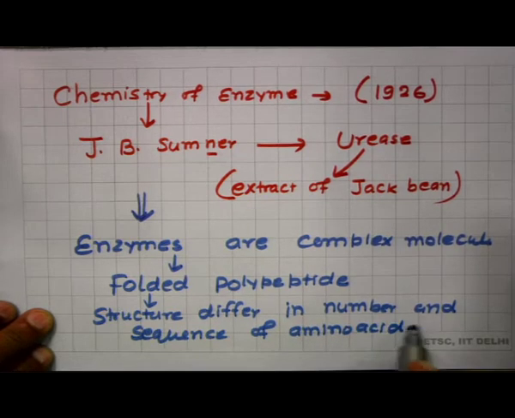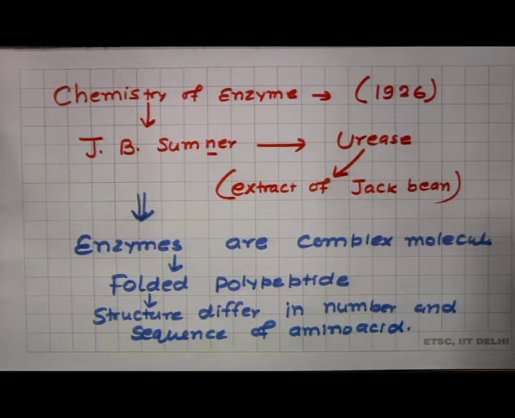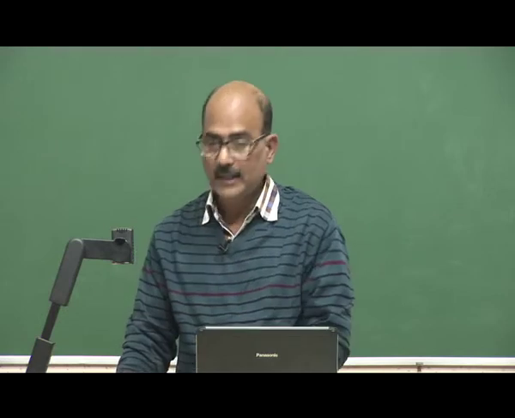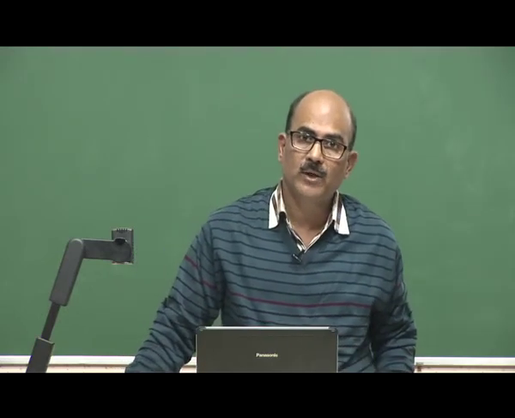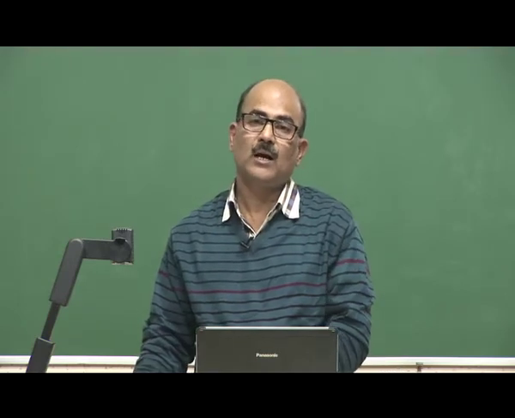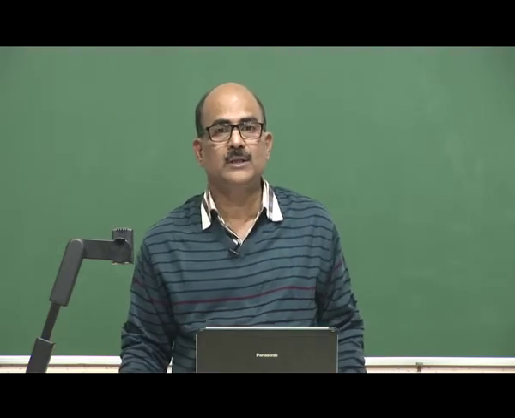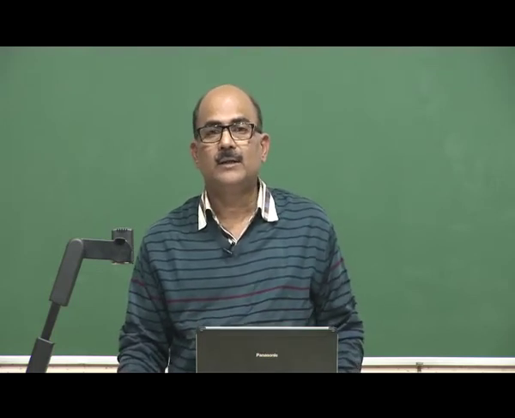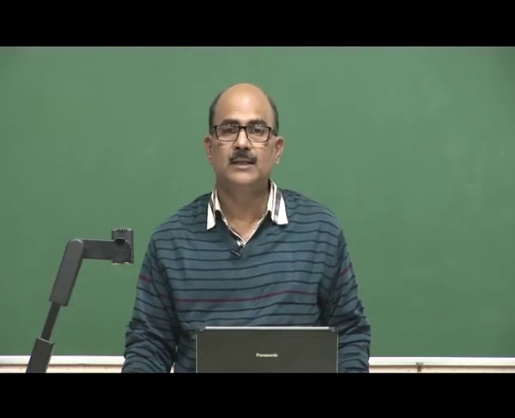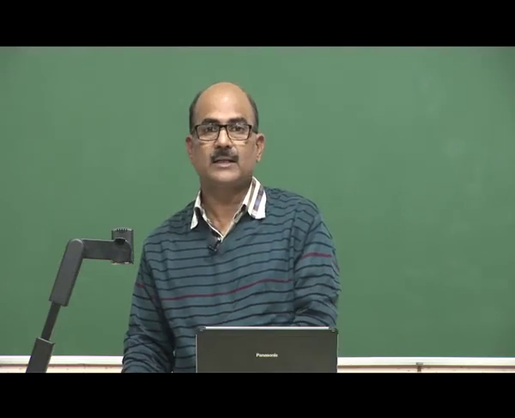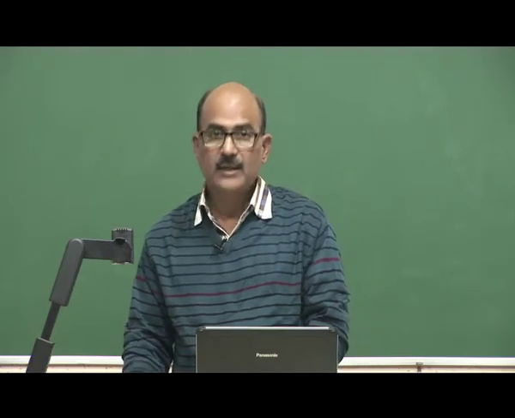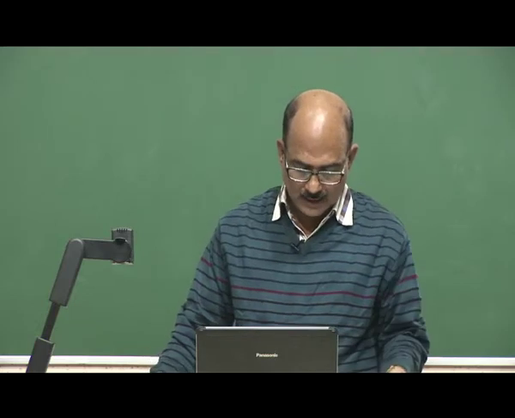Because we know that enzymes are proteinous in nature, it depends upon how many amino acids help in the formation of enzymes, their number and their sequence, because on the basis of different types of amino acids and their sequence, there are different types of proteins, that is primary structure, secondary structure, tertiary structure and quaternary structure. On that basis, one enzyme differs from another.